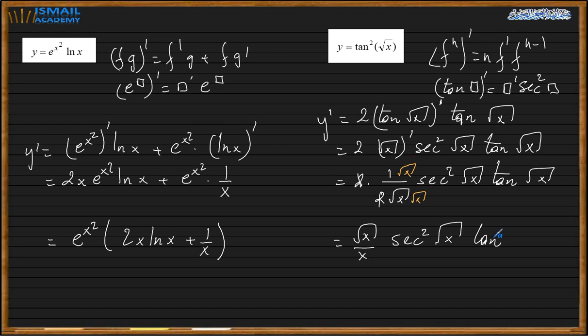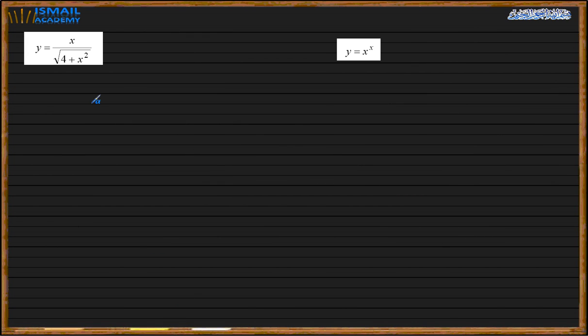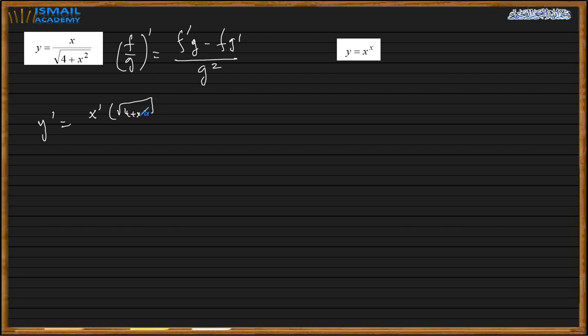Next question. Here I'm going to use the quotient rule: f prime g minus f g prime over g square. So y prime will be x prime times square root of 4 plus x squared, minus x times square root of 4 plus x squared prime, over square root of all x square, so it's going to be just 4 plus x squared.